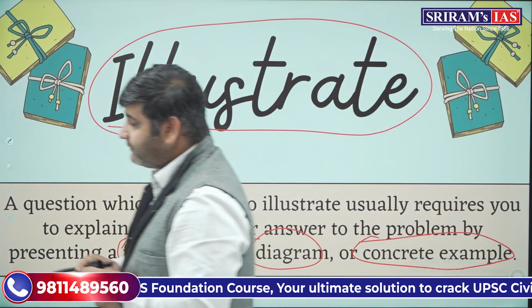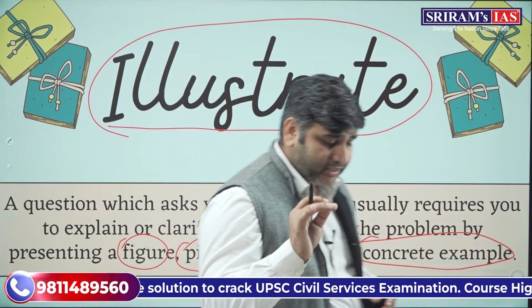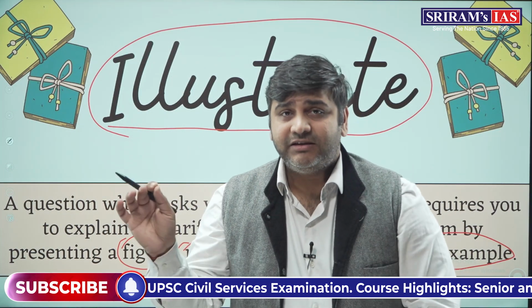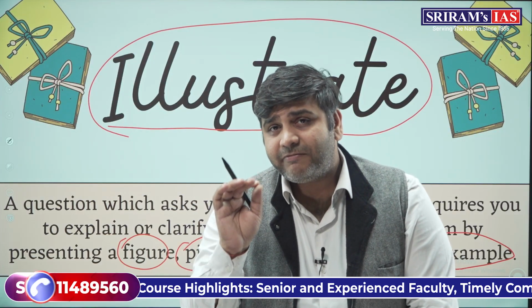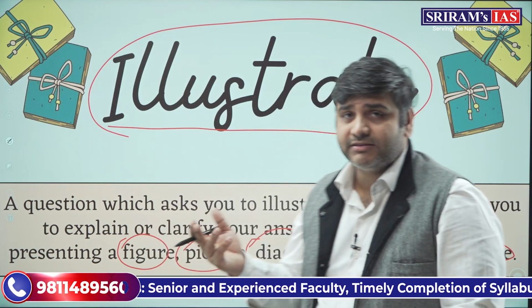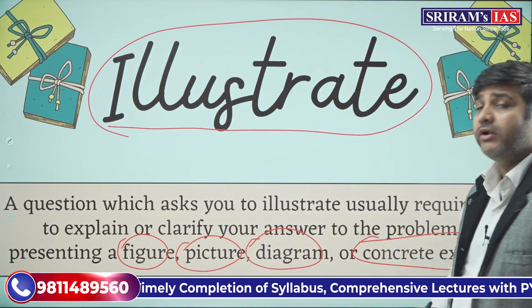If you do any one of these four things, it is perfect, and if you write this in a very perfect manner, you are going to get marks. Figure, picture, diagram or concrete example.